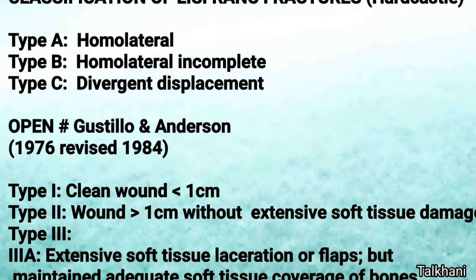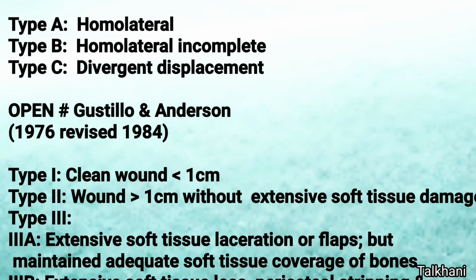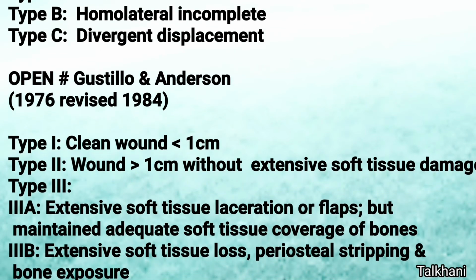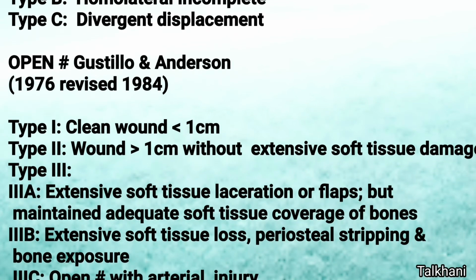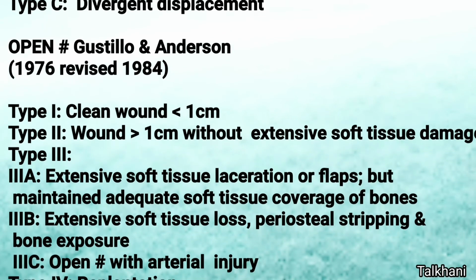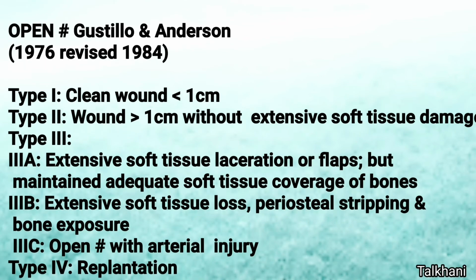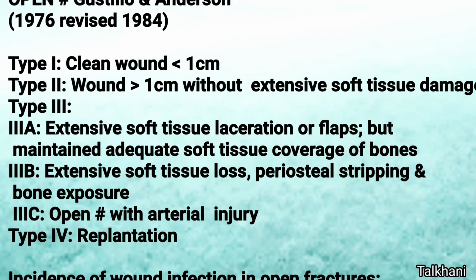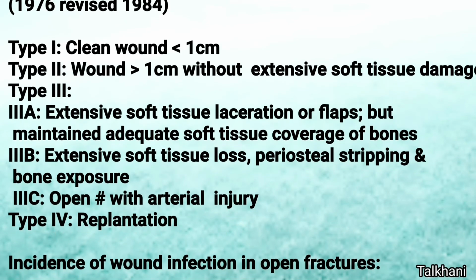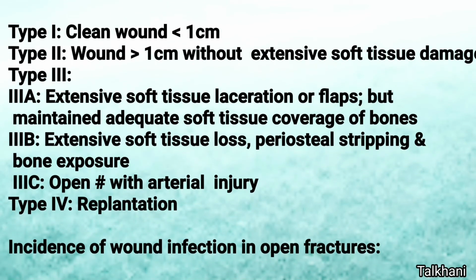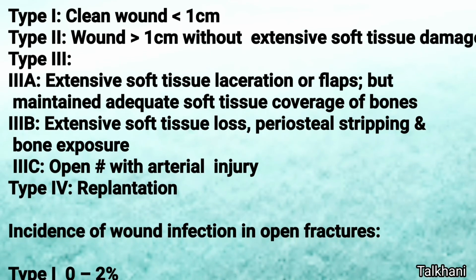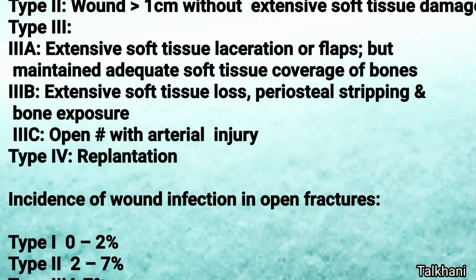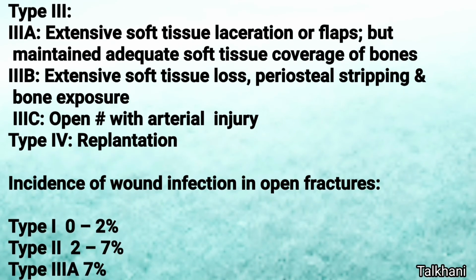Type 3 has 3 subtypes. 3A has extensive soft tissue damage or flaps but has maintained adequate soft tissue coverage of the bone. 3B has extensive soft tissue loss, periosteal stripping, and bone is exposed. Type 3C is an open fracture with arterial injury. Type 4 Gustilo is those group of patients who will need reimplantation.